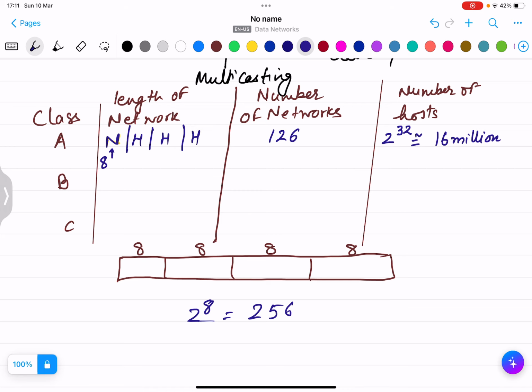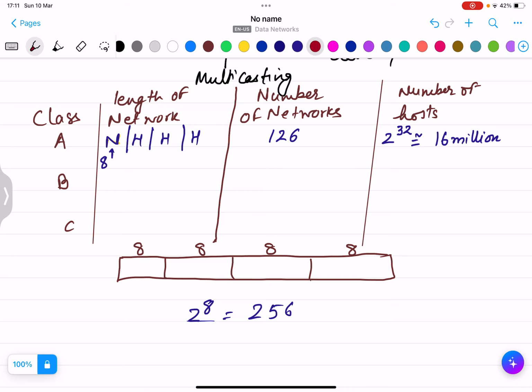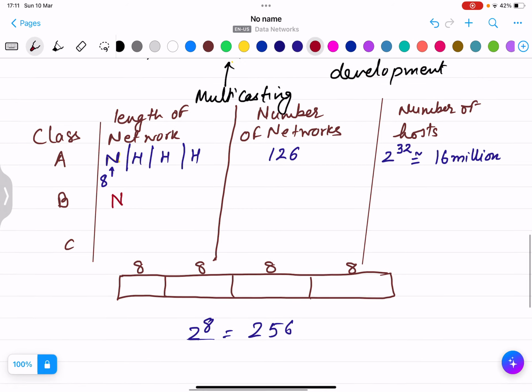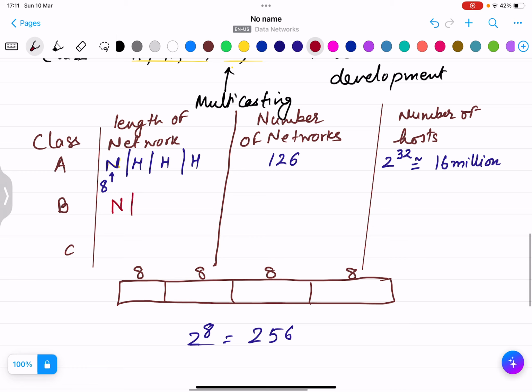Then for class B, we have 16 bits for network and 16 bits for host.